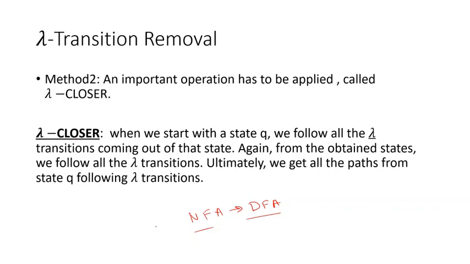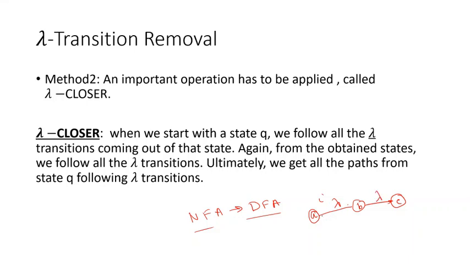If we start with a state, suppose A, and there is a transition with lambda, suppose there are a couple of lambda transitions to B and then C.